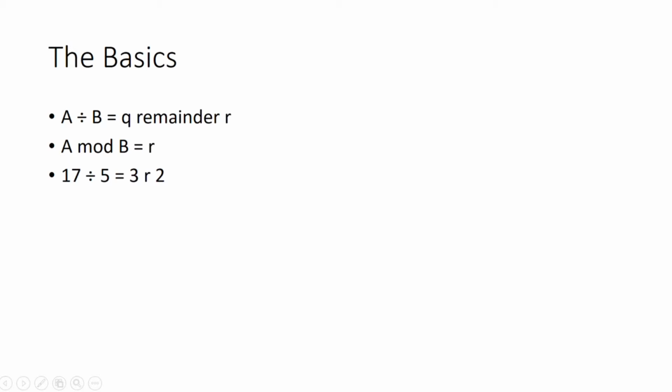If we take an example of 17 divided by 5, that gives 3 remainder 2. To prove that, you do 5 times 3 equals 15 plus the remainder of 2, and that gives you 17. But in mod arithmetic, the r value of 2 is what carries, so you'll have 17 mod 5, which equals 2.